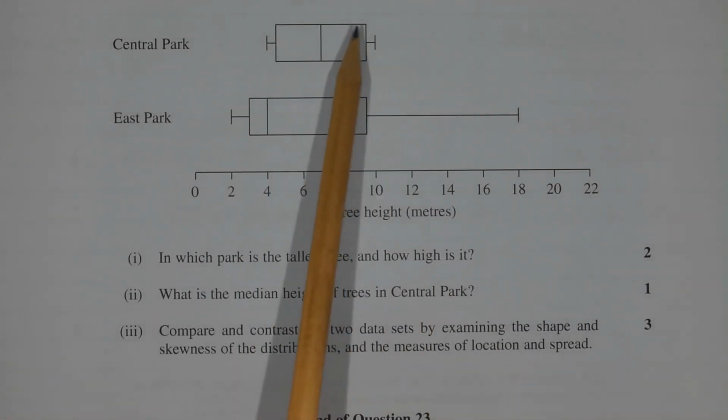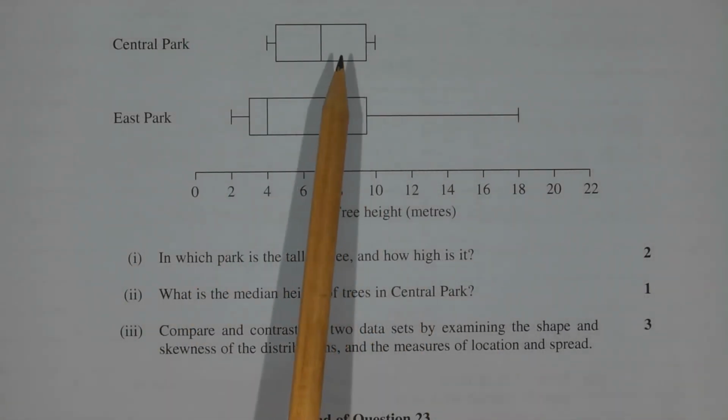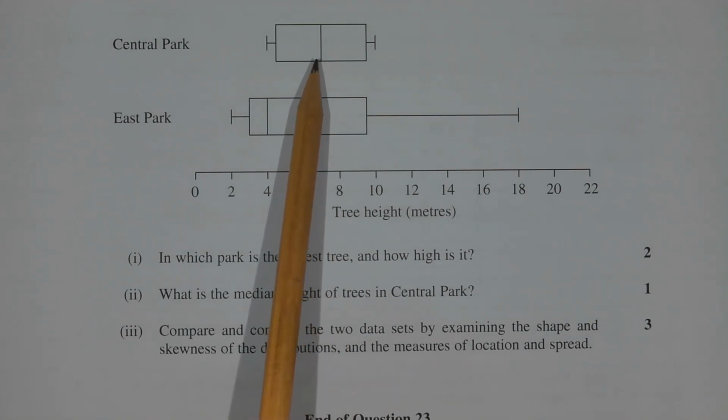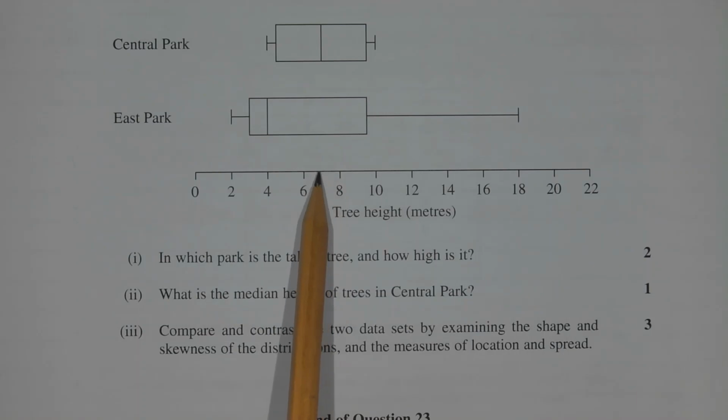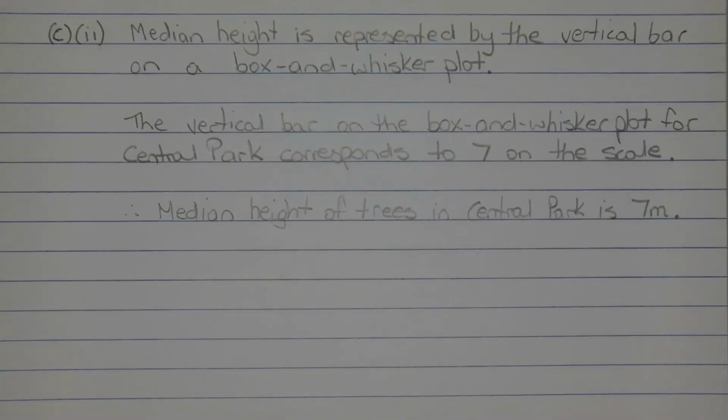So here is the box and whisker plot for Central Park. Here is the vertical bar that I was referring to earlier. And if you project down onto the scale, we can see that it corresponds to 7. Therefore, the median height of trees in Central Park is 7 metres.